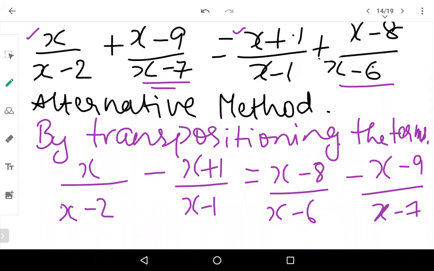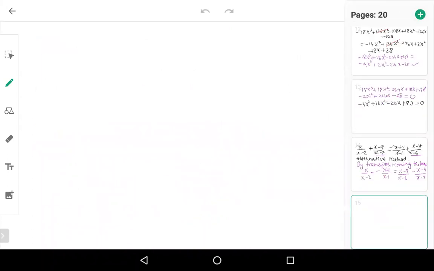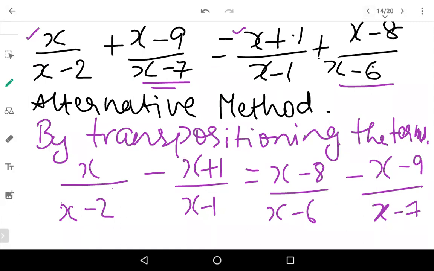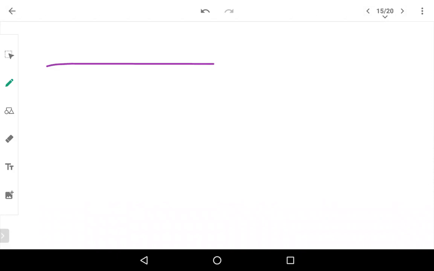Okay. Now, I'm taking LCM of the first expression, x minus 2 and x minus 1. So LCM of x minus 2 and x minus 1 will be multiplication of it. So x minus 2 into x minus 1.